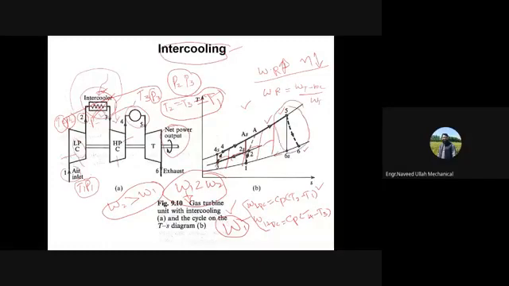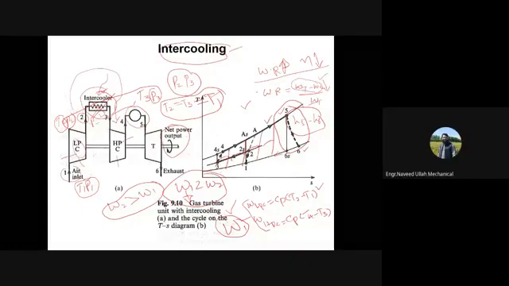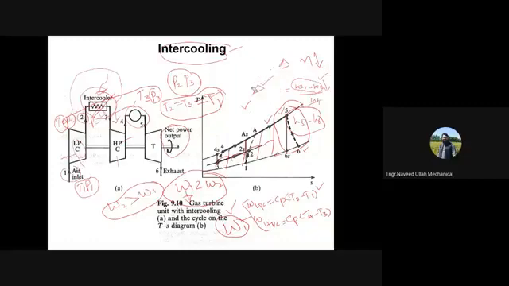The work of the turbine is constant in both cases, that is H5 minus H6, that's it. So if you take the work of the turbine as constant and the compressor work is reduced in case of intercooling, then the numerator will increase and the work ratio will be increased. This is one validation.